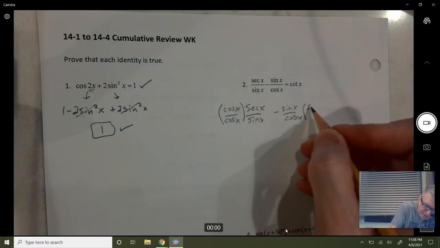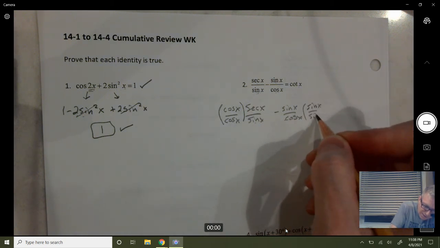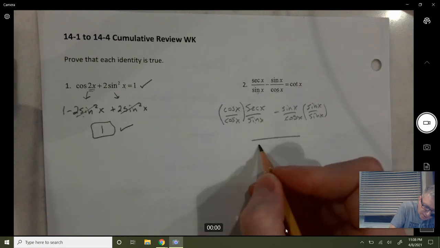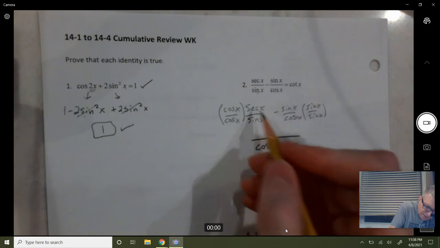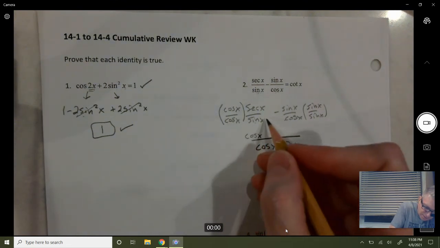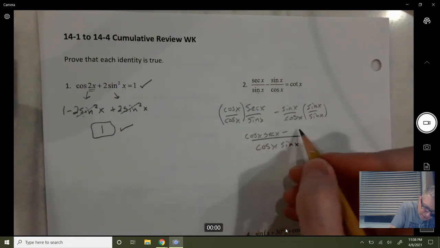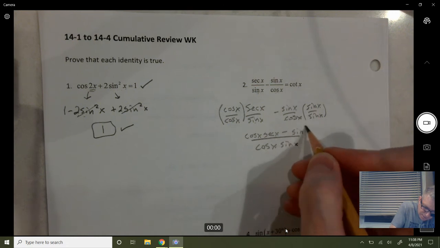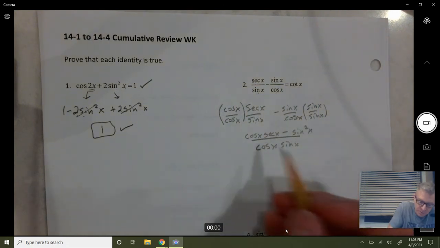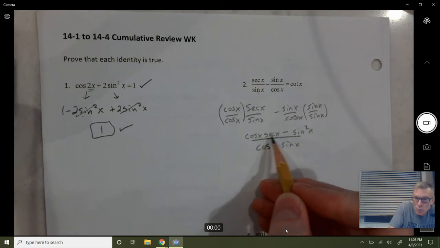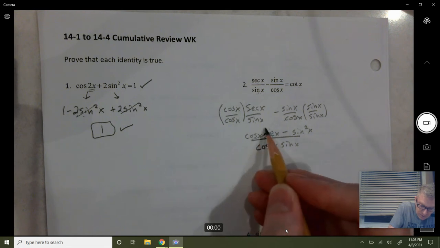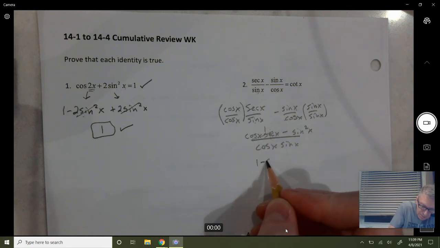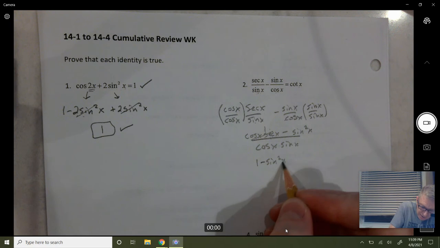This I'll multiply by sine x over sine x. So my common denominator is cosine x times sine x. Here I've got a cosine x secant x, minus sine squared x. Maybe you'll recognize cosine x times secant x is 1. Secant x is just 1 over cosine x, so your cosines would cancel. This just becomes a 1, so you get 1 minus sine squared x over cosine x sine x.